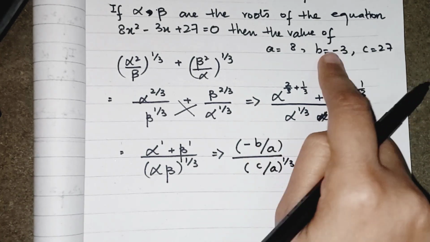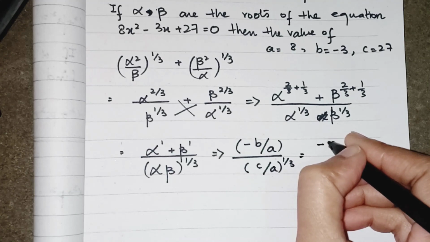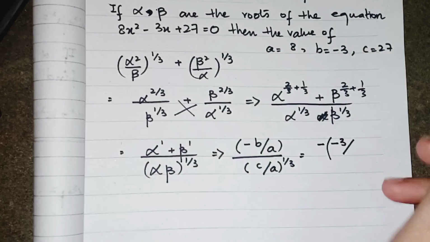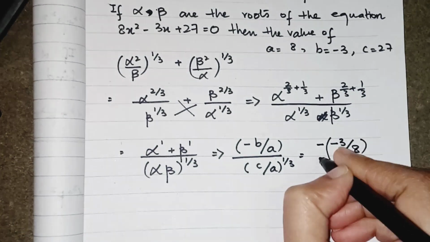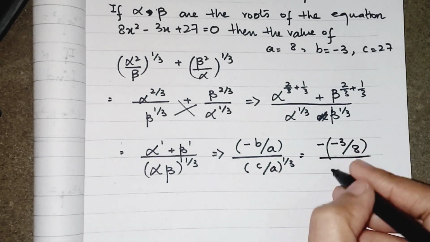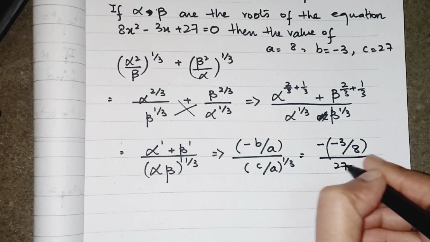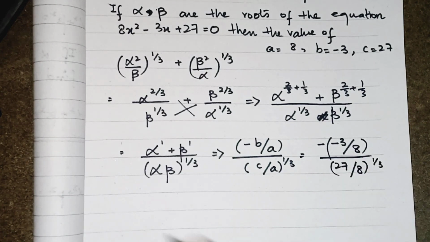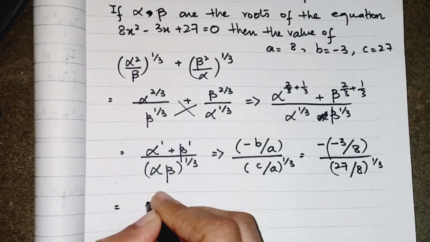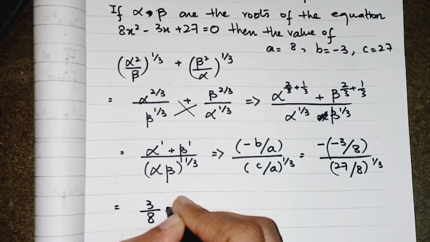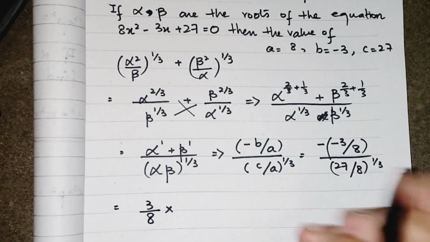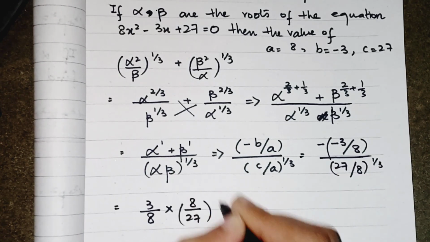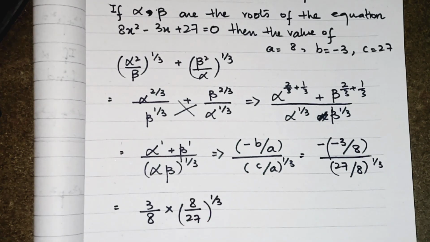The value of b is (-3/8)^(-1/3)... and the value of c is (27/8)^(1/3). So we can write it like (3/8) multiplied by the reversed fraction, (8/27)^(1/3).